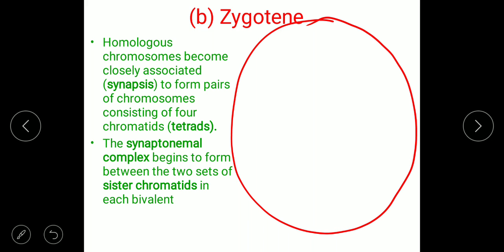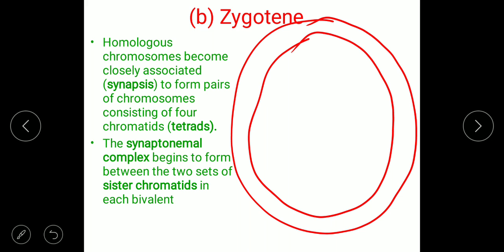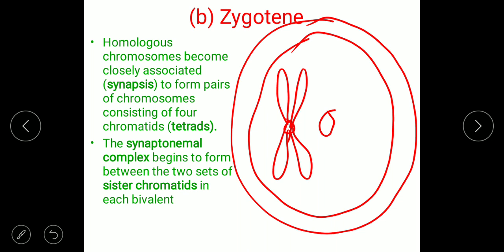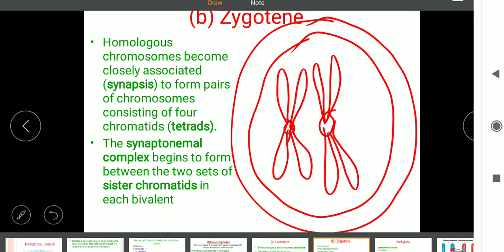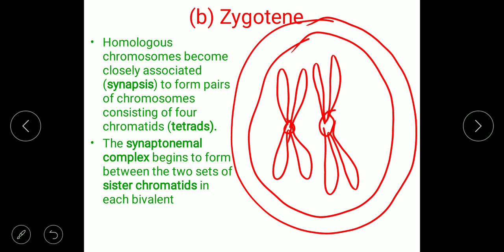I will draw here. This is the nuclear envelope. I will draw only one pair of homologous chromosomes for my convenience. The homologous chromosomes come closer. Each will have two chromatids. This is one pair of homologous chromosomes.